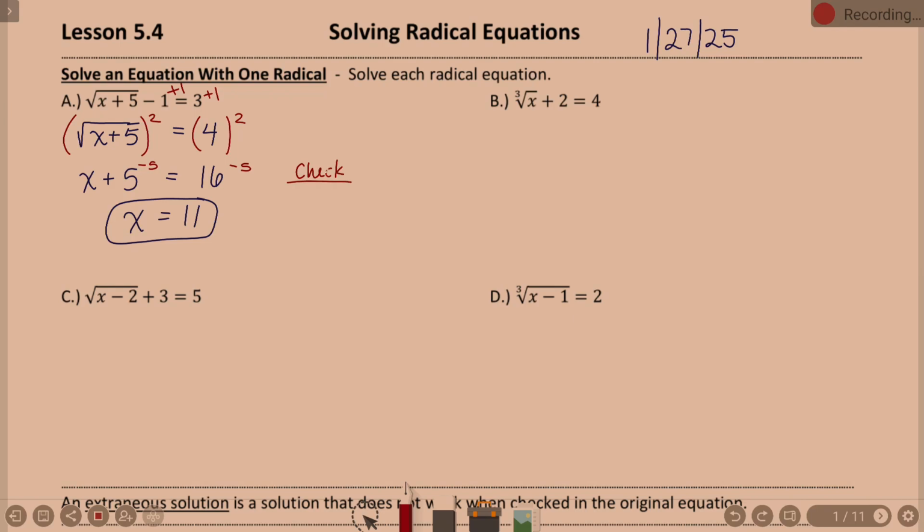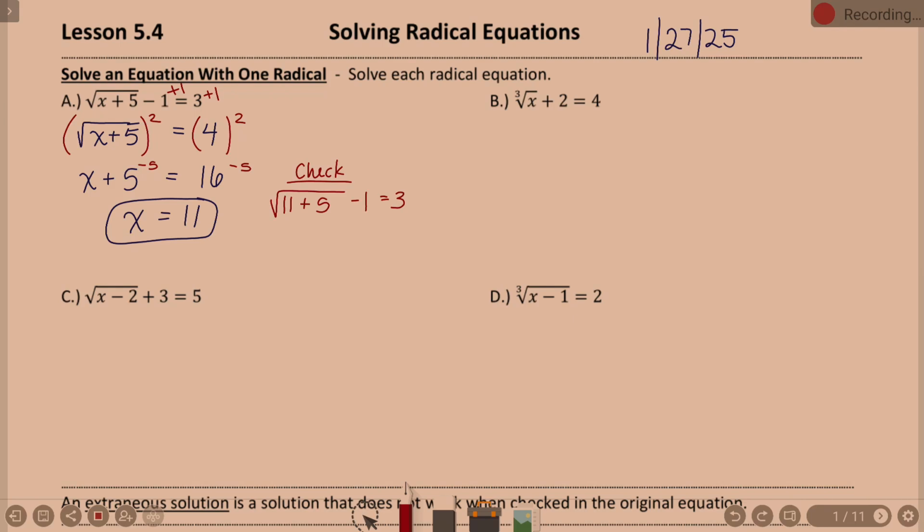Plug it back in. In this case, we're claiming the answer is 11. Let's check it and make sure it works. So the square root of x plus 5, what do we find x to be? 11. So the square root of 11 plus 5 minus 1 equals 3. And again, you can mentally do this. That's perfectly fine. I'm all for the mental check.